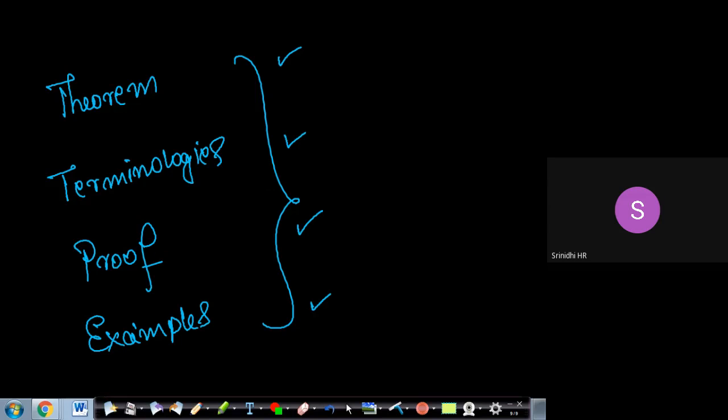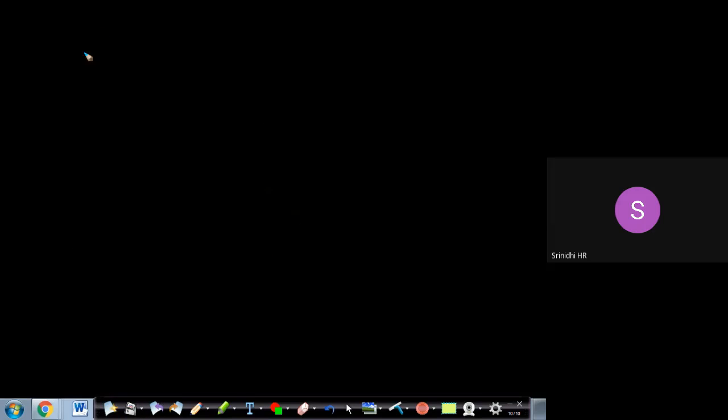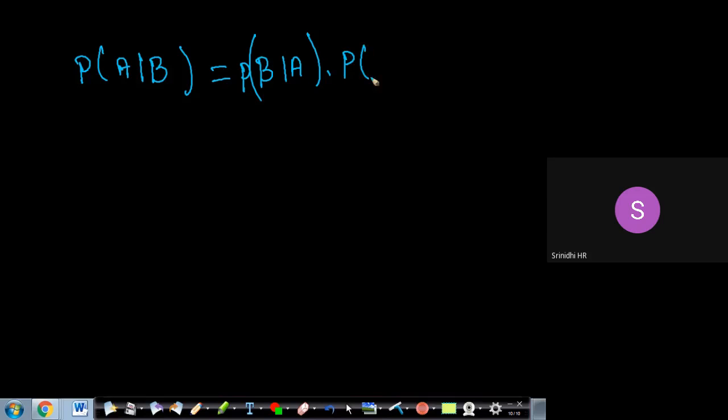Now let's go with the terminologies. What does the theorem state? Please repeat this in your mind as I say it: probability of A given B is equal to probability of B given A into probability of A divided by probability of B. The condition is that probability of B should not be equal to 0.